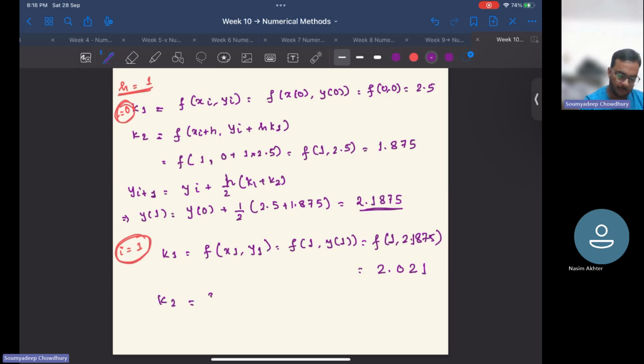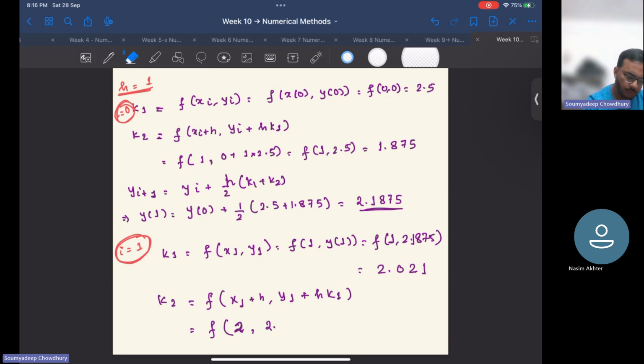K2 is f of, just be careful with this one, x1 plus h, y1 plus h times k1. So x1 is 1, and 1 plus h is 2 because h is also 1. Y1, that is y of 1, is 2.1875, plus h is 1 times k1, 2.021.